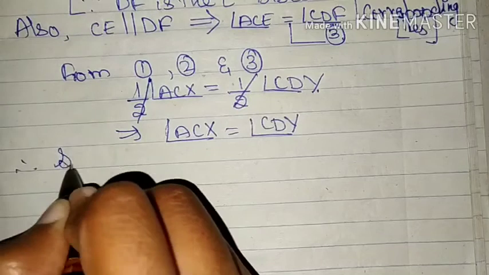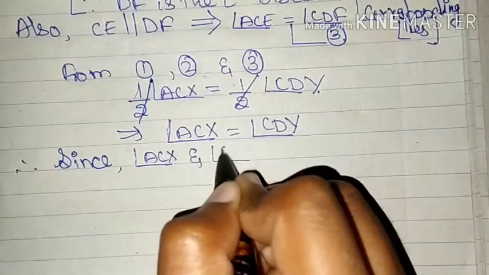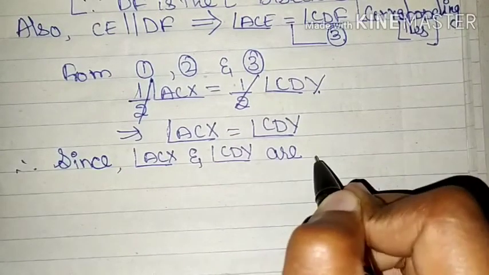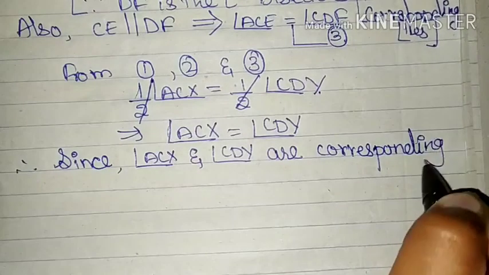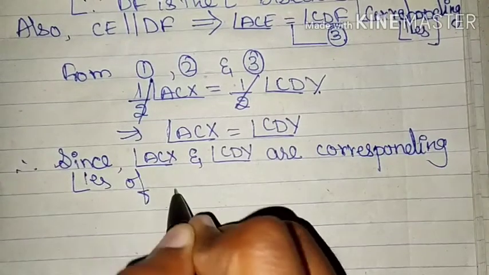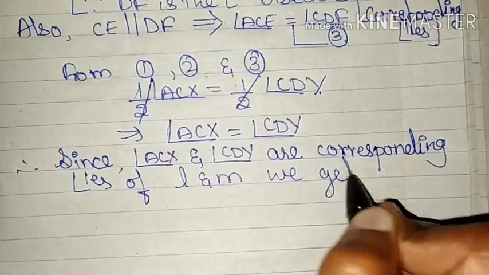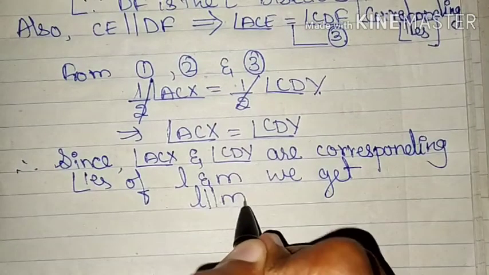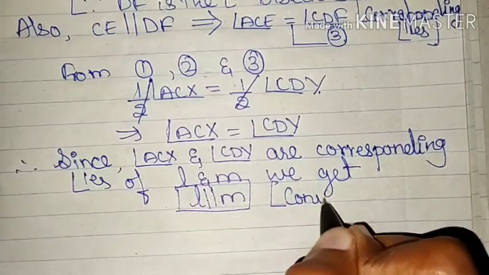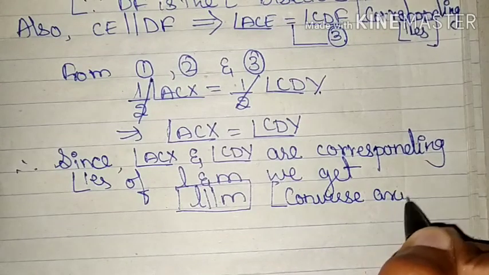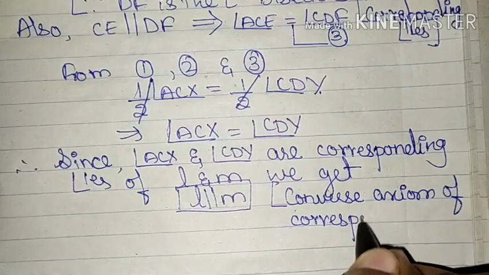Therefore, since angle ACX and angle CDY are corresponding angles of lines L and M, we get L is parallel to M, because, write the reason, converse axiom of corresponding angles.